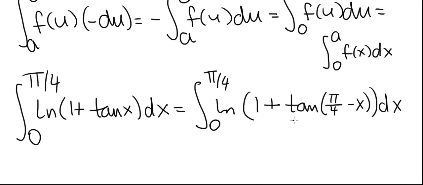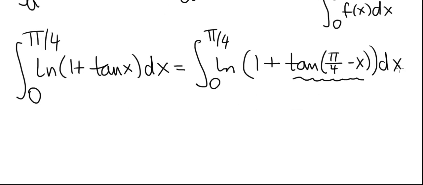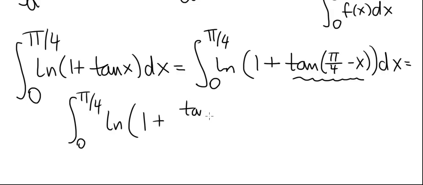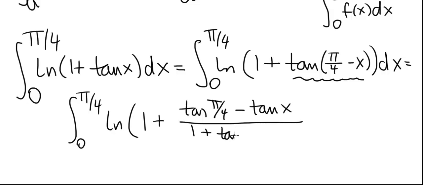And now let's use result number 2, the trig identity here. Alpha is pi over 4 and beta is x. So this is equal to the integral from 0 to pi over 4 of natural log of 1 plus tangent pi over 4 minus tangent x divided by 1 plus tangent pi over 4 times tangent x dx.